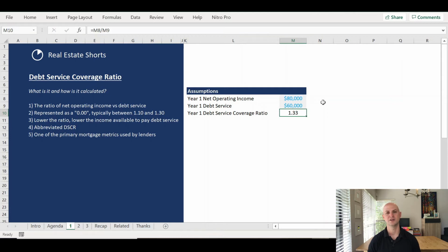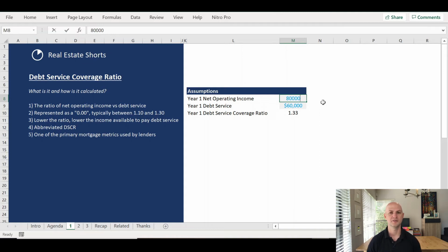So how much extra income coverage do you have relative to the amount of annual debt service or mortgage payment obligation? In this case, it's 1.33. As these variables change, if we keep the annual debt service constant and the NOI changes, you can see how this ratio will go up and down and what that may mean to a lender.